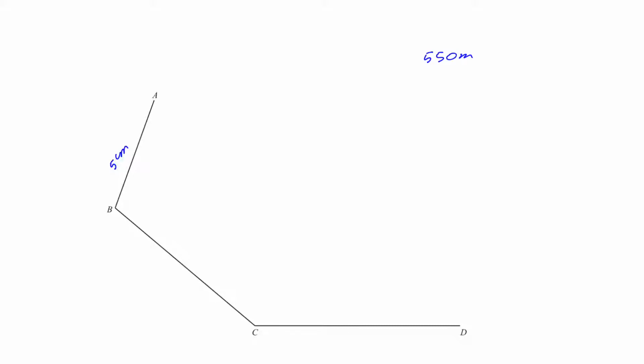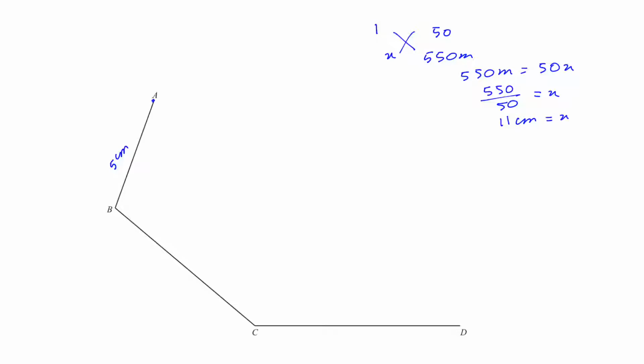How much is the scale on map? 1 centimeter is equal to 50. Therefore, cross multiply. 550 meters is equal to 50x. Divide by 50. 11 centimeter.